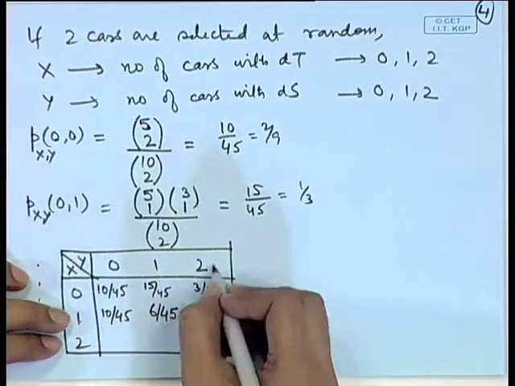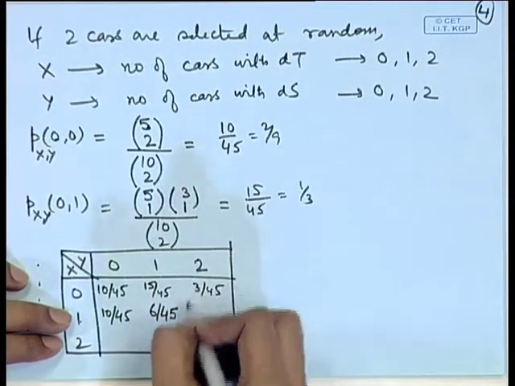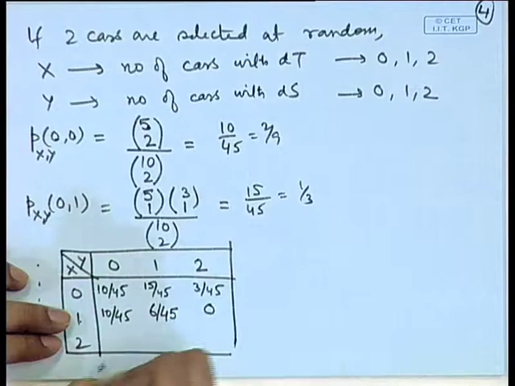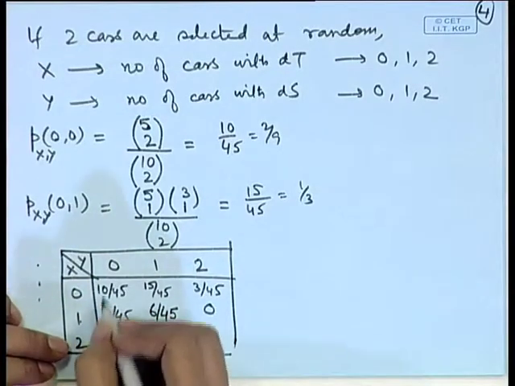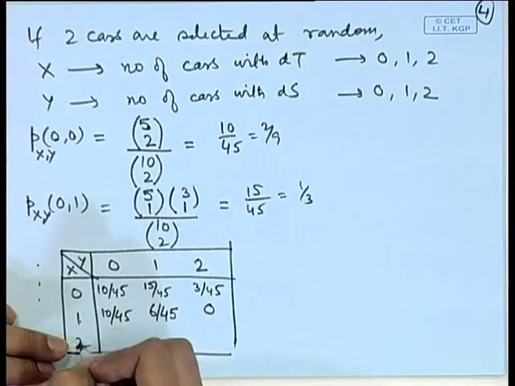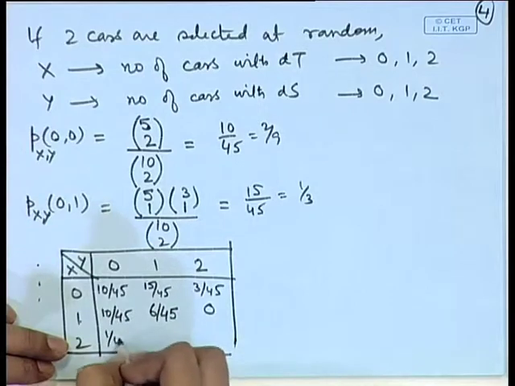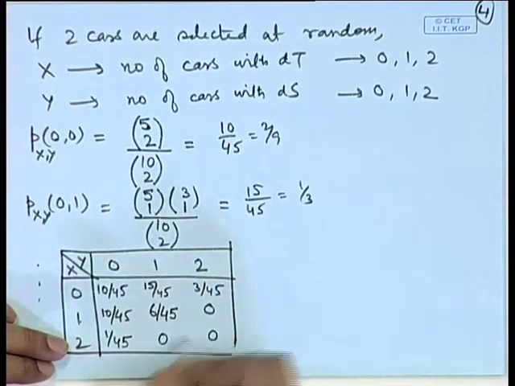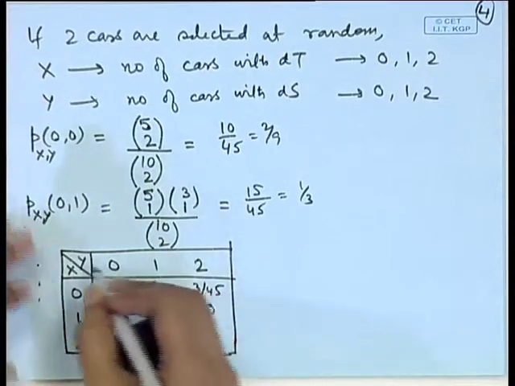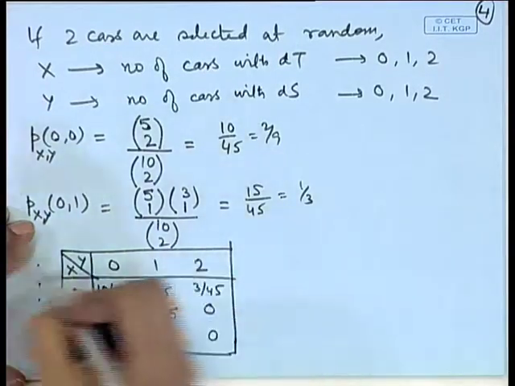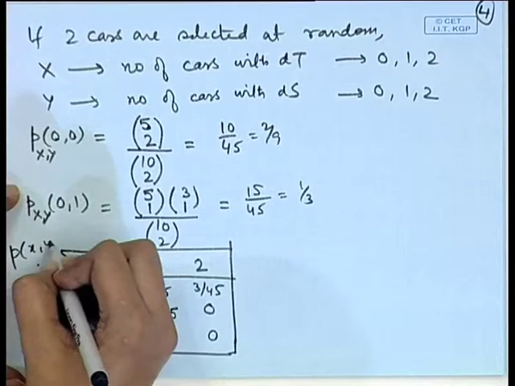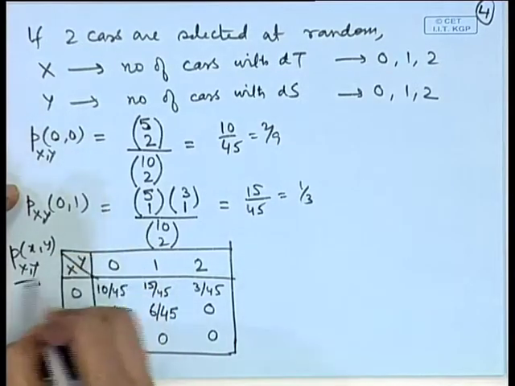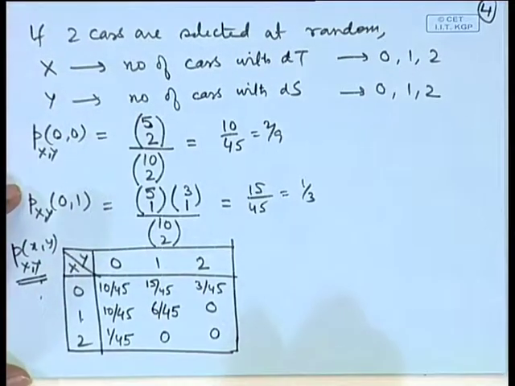X equal to 1, Y equal to 2 is not possible, because total selections are only 2. So, this is 0. The probability that X equal to 2, Y equal to 0 is 1 by 45. Again (2, 1) and (2, 2) are not possible. So, this gives the joint distribution p(x, y) of the random variables X, Y.